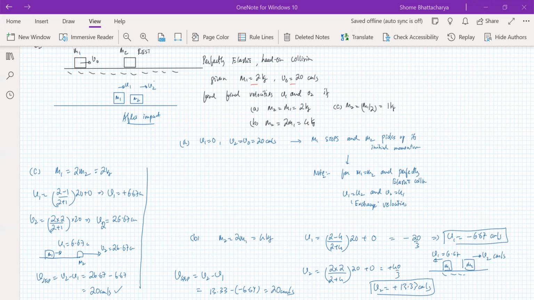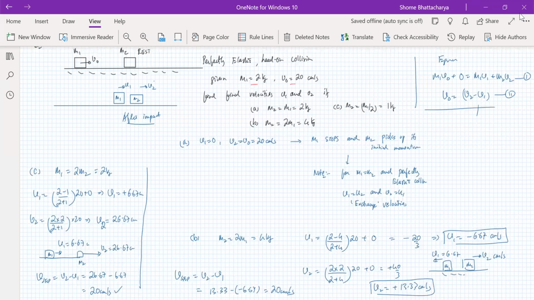Okay, so whether you go by this formula-based method or you write the momentum conservation equations, if you go by the equations, you will have m1 v0 plus 0 equal to m1 v1 plus m2 v2. That's our first equation. And approach velocity is equal to separation velocity. This is our second equation.